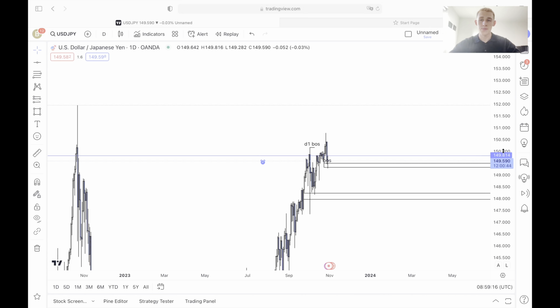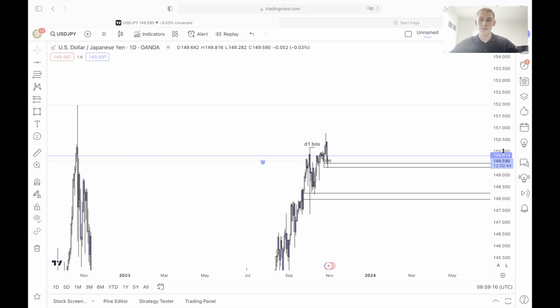This news is forecast to be flat and for them to keep the interest rate the same. But given the speculation recently, I would anticipate that they may actually intervene and change the interest rate. So that could be a very volatile news event. We just want to keep that in mind when we're trading.